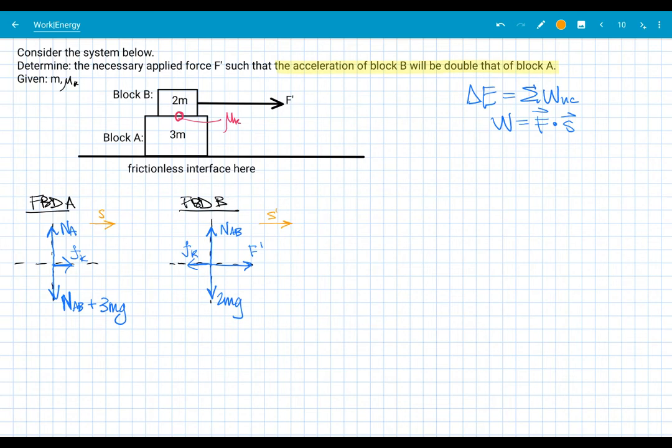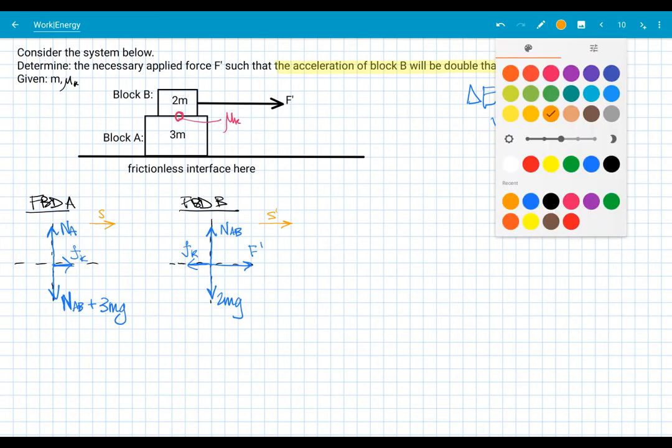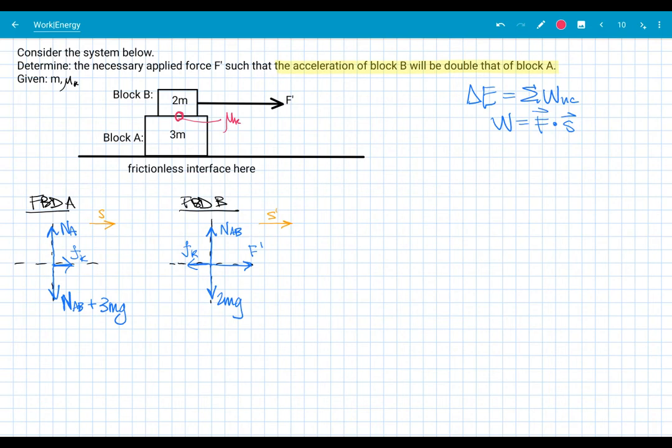Kind of interesting there. So you can see some force pairs. We could see that this normal force here, of course, is part of a third law force pair, and this force of kinetic friction is also part of a third law force pair. Kind of cool.